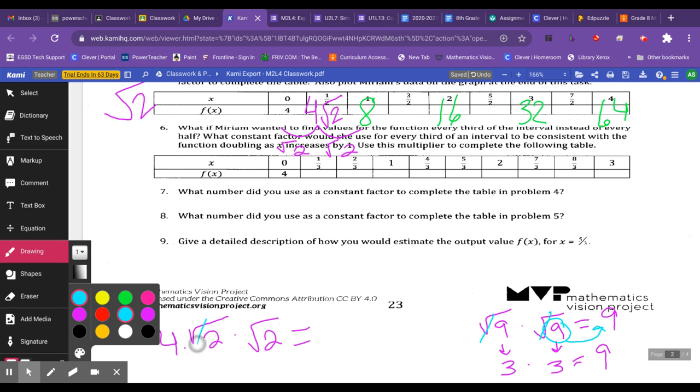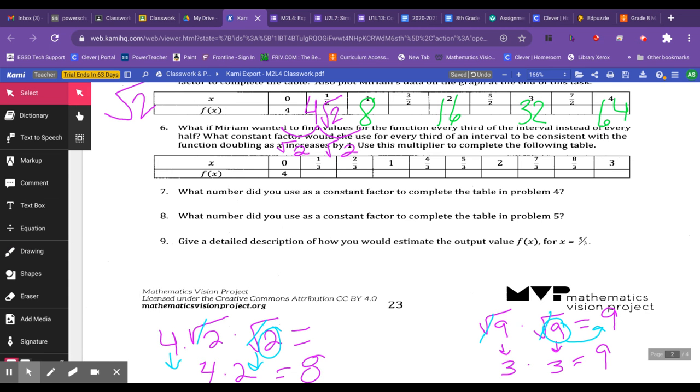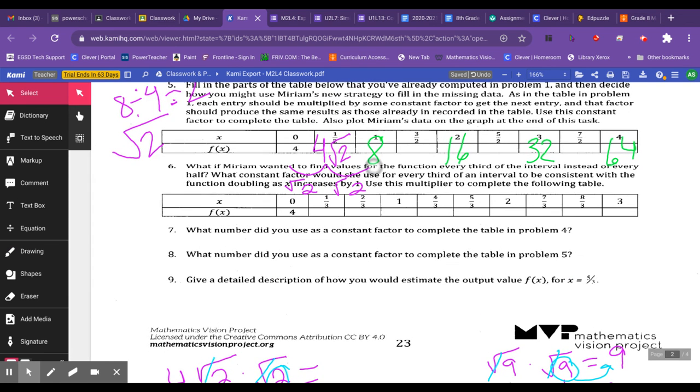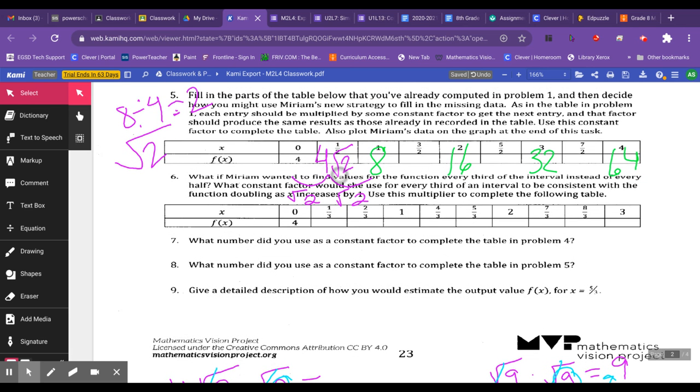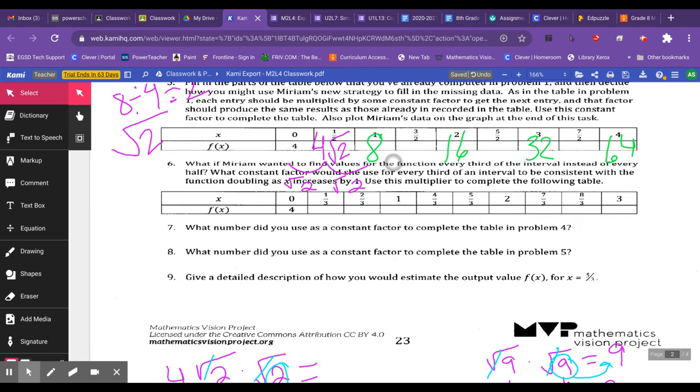So in this case, the 2 square roots cancel out, and I'm really just taking 4 times 2. So 4 times 2, which gives me 8. And if you notice up here at the top, that's true. When I jump 2 spots over, I end up with 8.